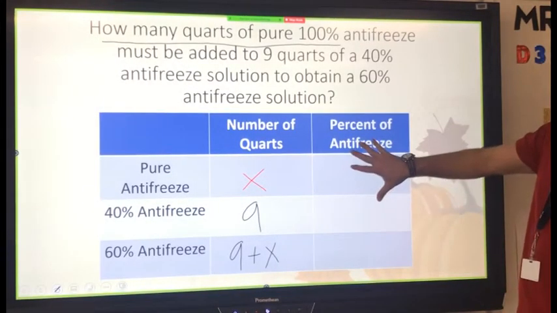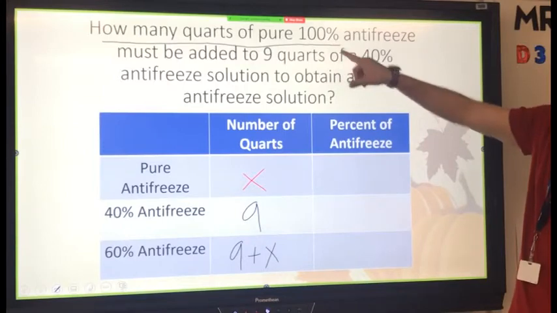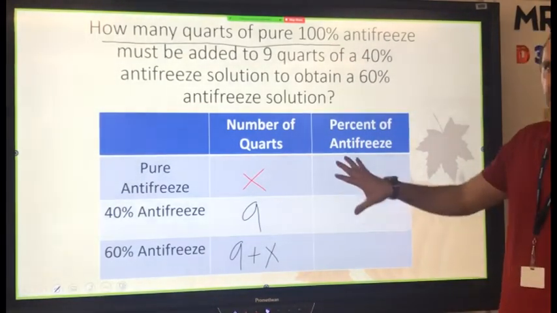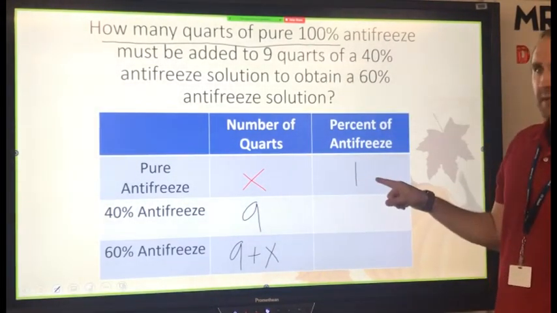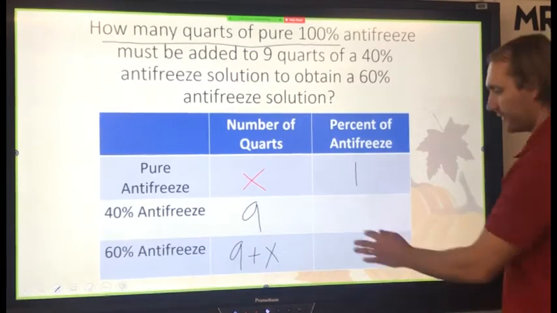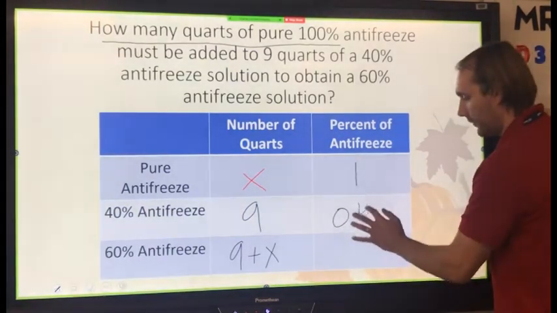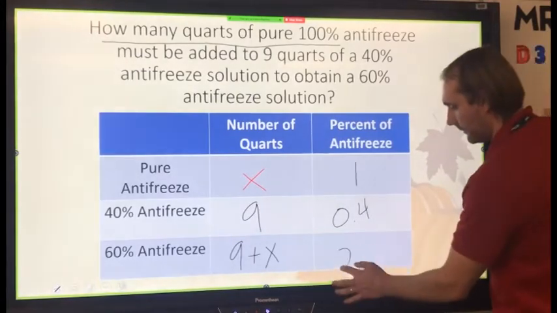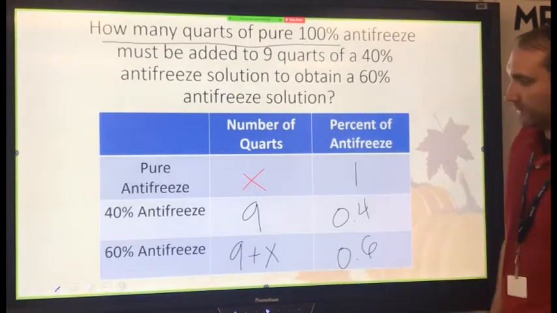What percent as a decimal is 100%? 1. Whenever you see pure, and you will, think 1 as your decimal. 40% translates to 0.4, and 60% is 0.6.